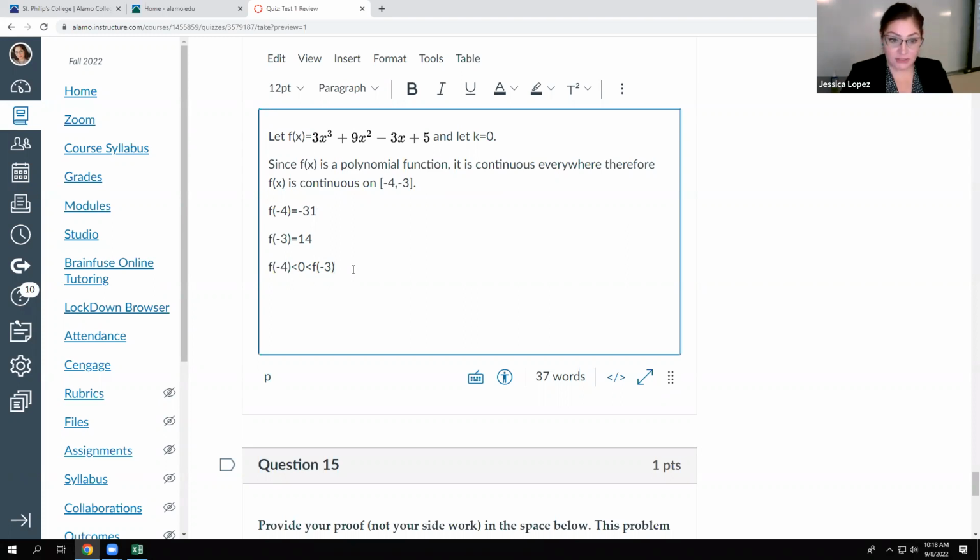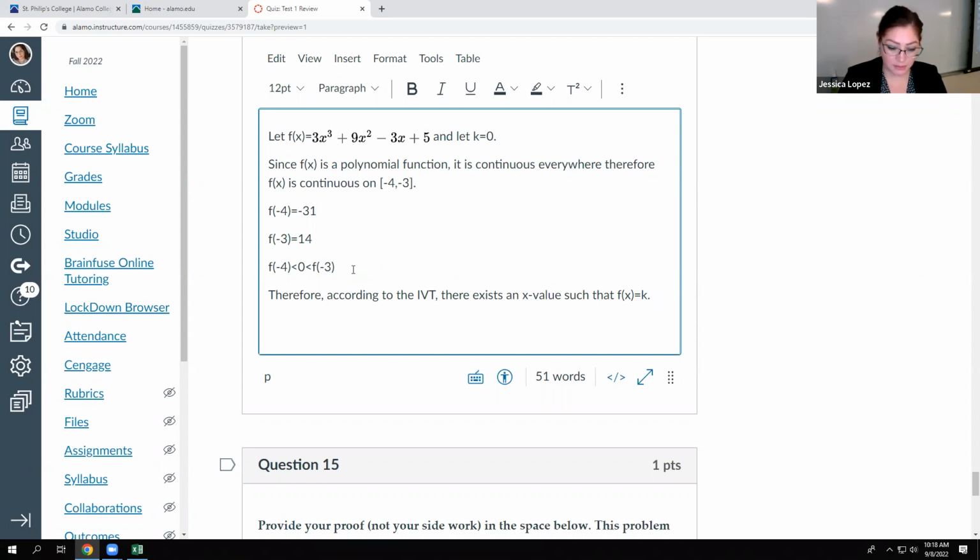Now that you've met your criteria, you just say, therefore, according to the, and I don't even write it out, I just say IVT. I know that means intermediate value theorem. There exists an x value such that f of x equals k.